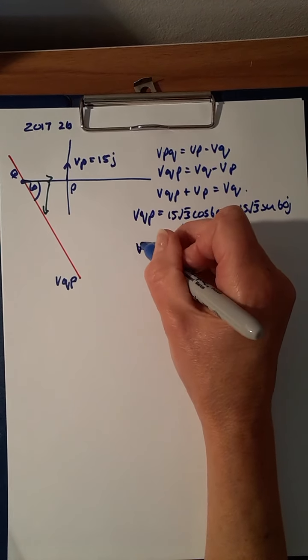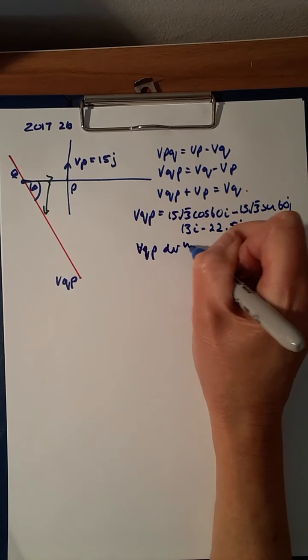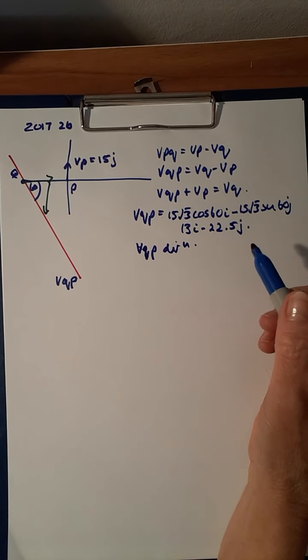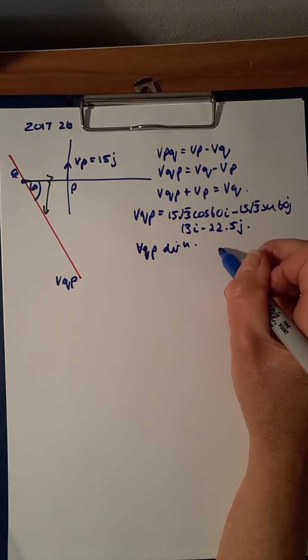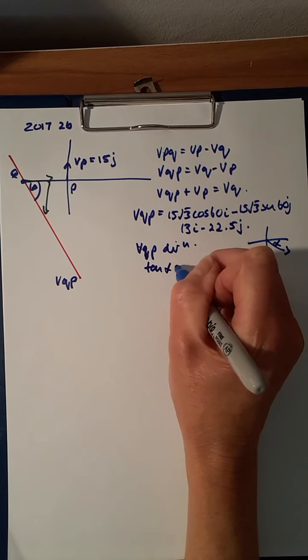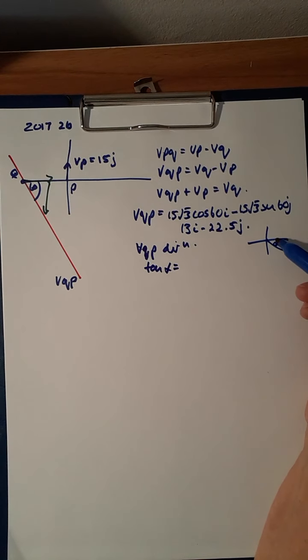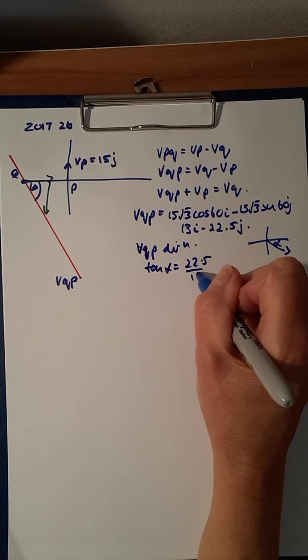Now, of course, I know the speed, but I don't know the direction, so I'll just figure out the direction of it. This is the vector, so it's positive i, negative j, so it's heading in that direction. I'm going to get the direction here, which I'll call alpha. So the tan of alpha will be opposite over adjacent, which is the j component over the i component.